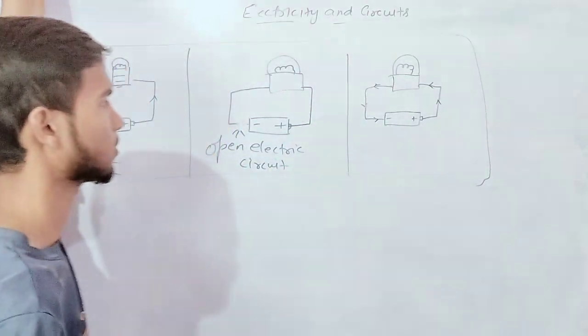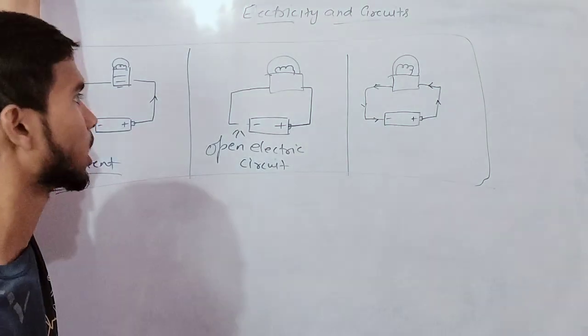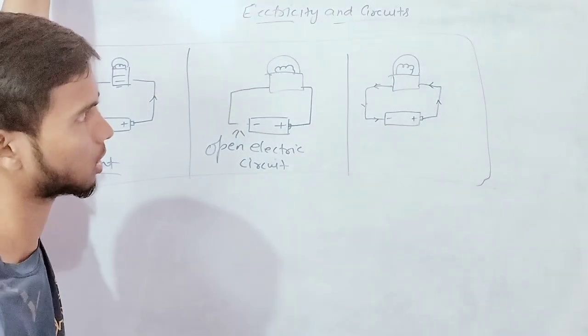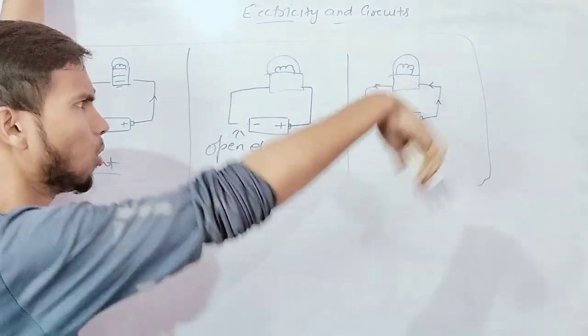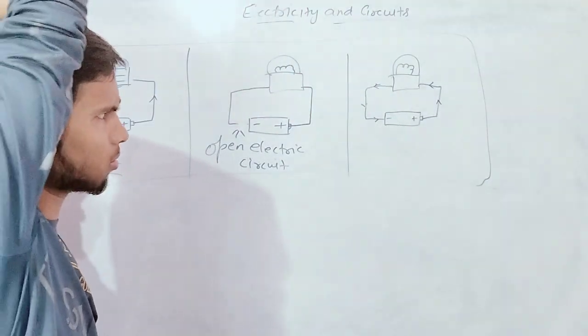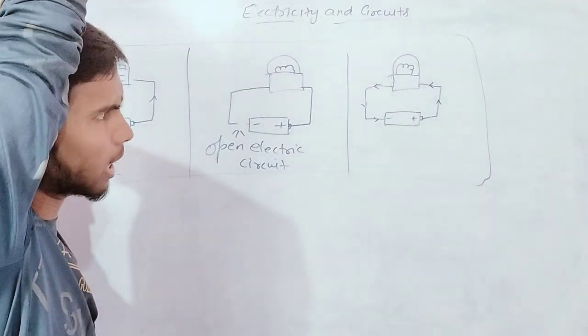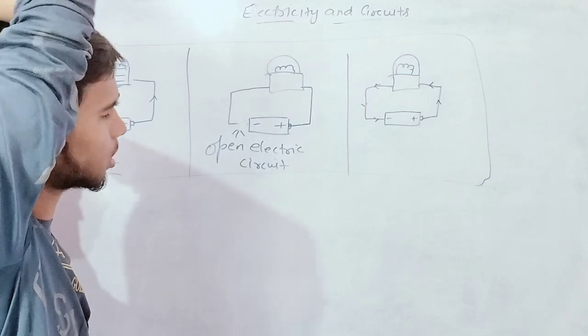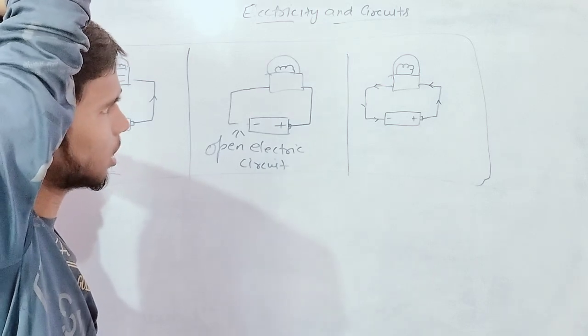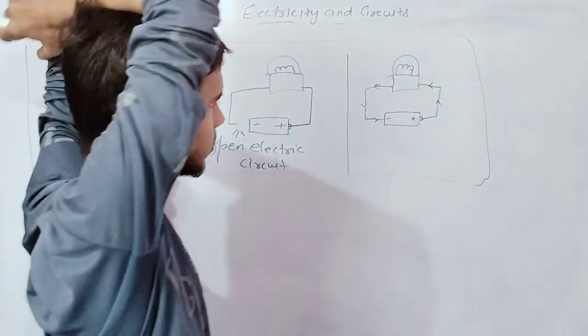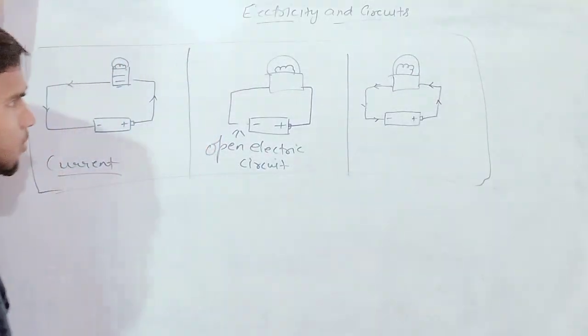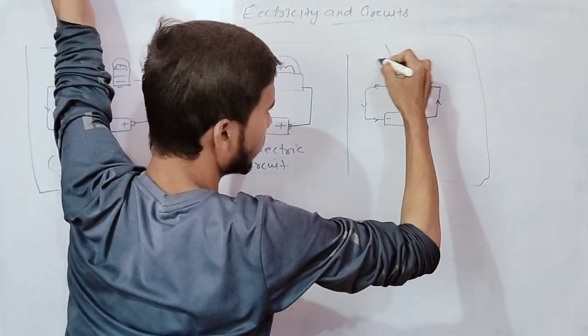In this case, from this figure, what are you trying to understand? Current is passing throughout the circuit. There is no problem. So tell me, will the bulb glow or not?